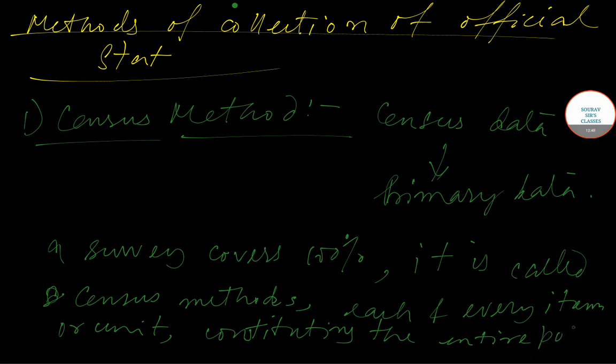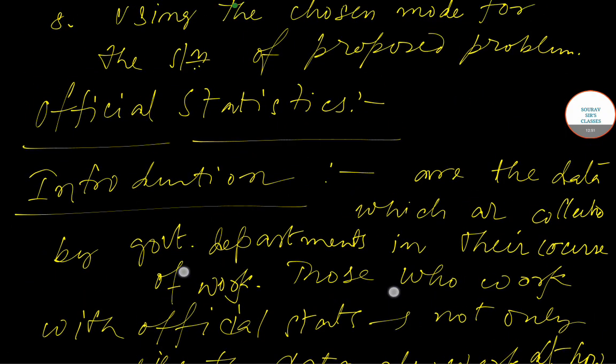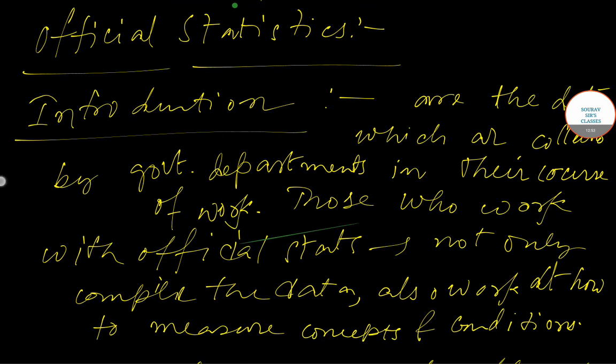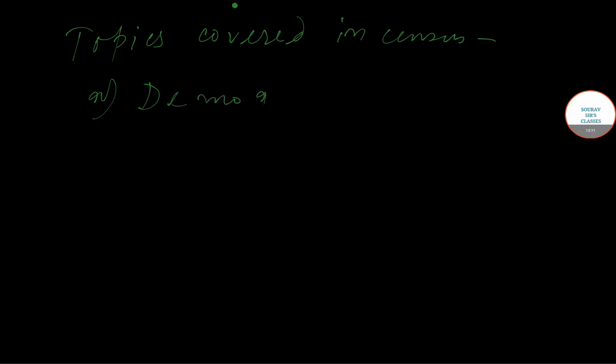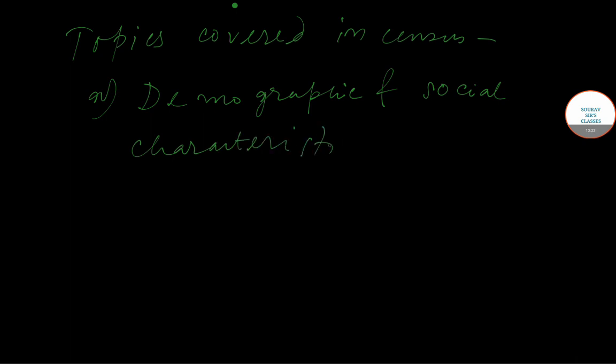Now, the main topics which are covered in census are demographic and social characteristics. Second is educational characteristics.